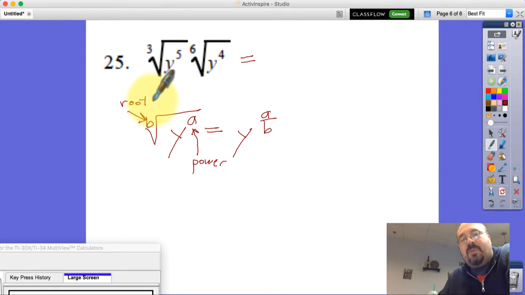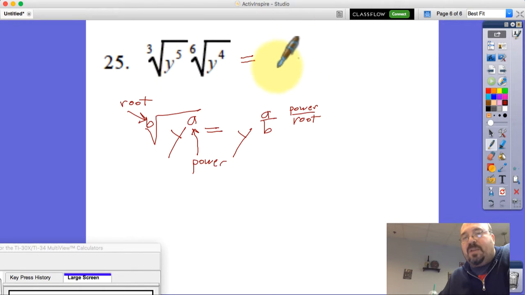And if you think about the roots of a tree, the roots of the tree go on the bottom of the tree, and people with power are on the top of the world. So power over root. That's a way to remember that. Okay? Power over root. That's how you can rewrite this using a rational exponent.